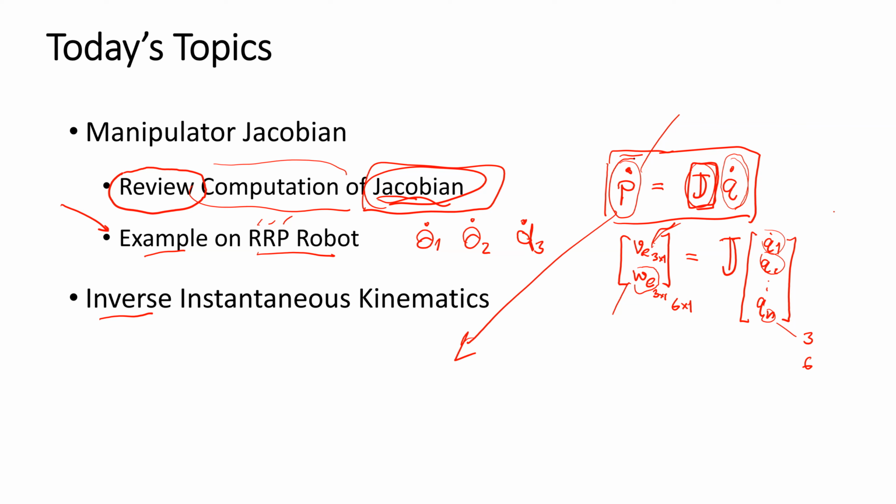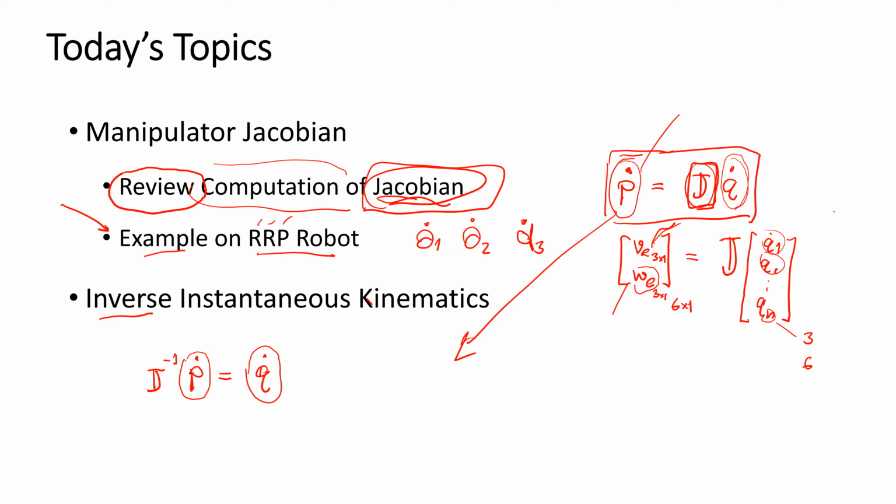The inverse of the Jacobian will relate the velocity at the endpoint to the joint speed.